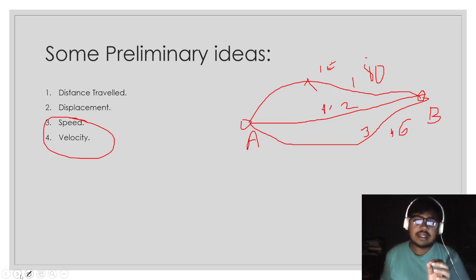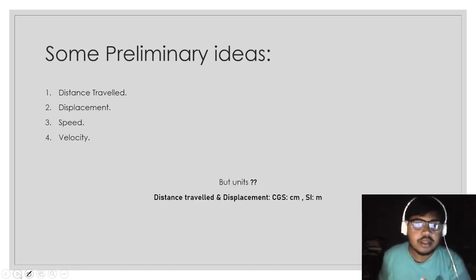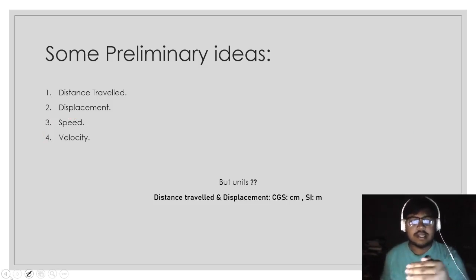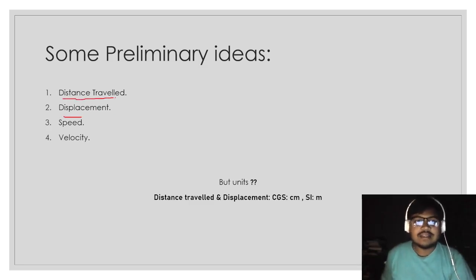And now another word comes, that is average velocity. Before going to average velocity, we should consider the units. What is the unit of distance traveled and displacement? You may remember, in the slide where I talked about distance traveled and displacement, I said displacement is the shortest distance traveled.